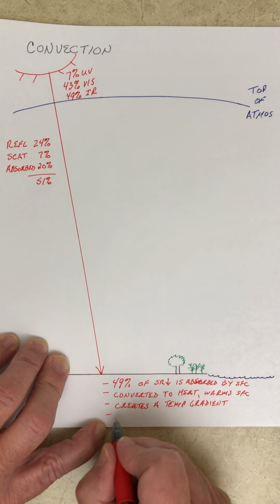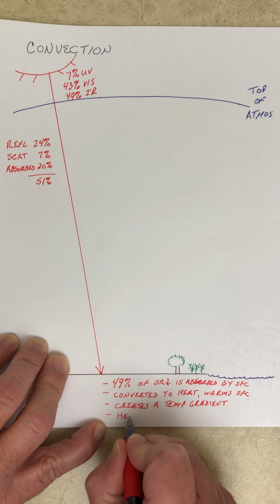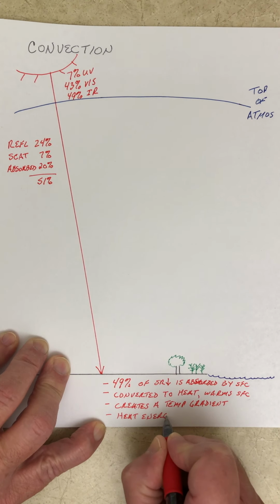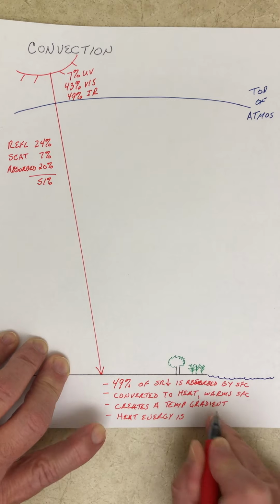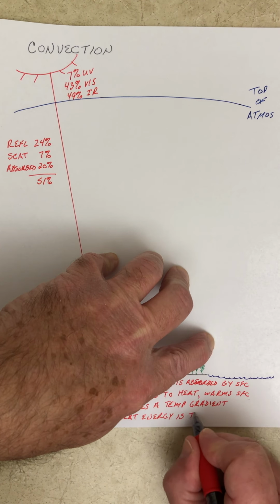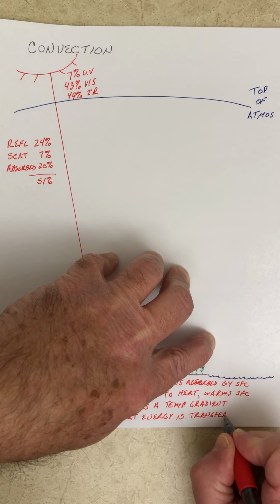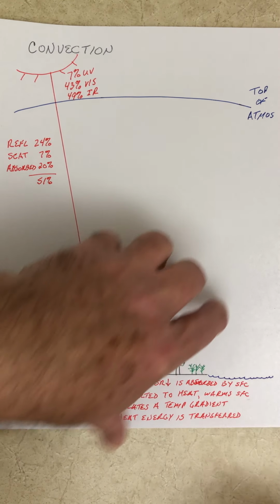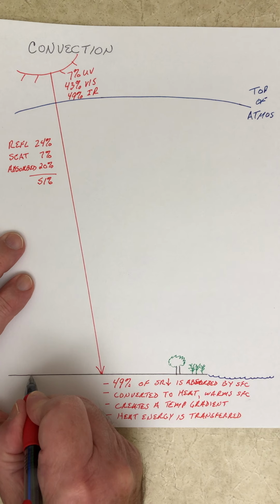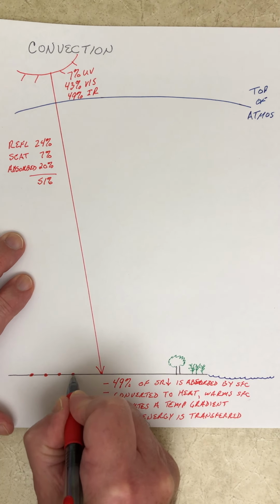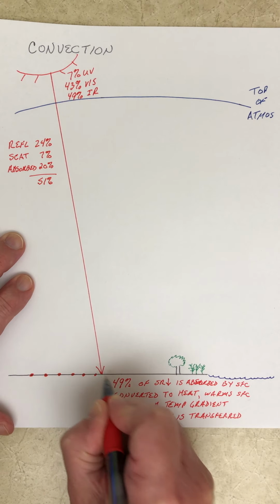And whenever a temperature gradient is established, heat will be transferred. Okay? So heat energy is transferred. Okay, and so let's represent heat energy being absorbed by the surface by these red dots, like we've done before.